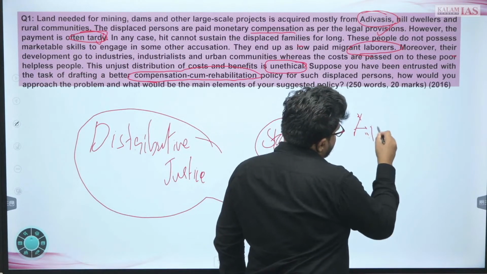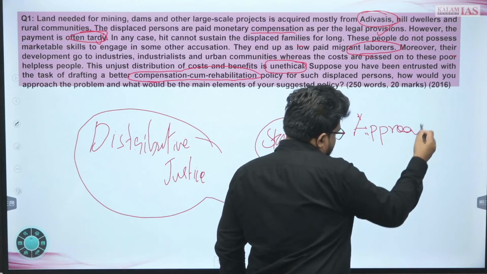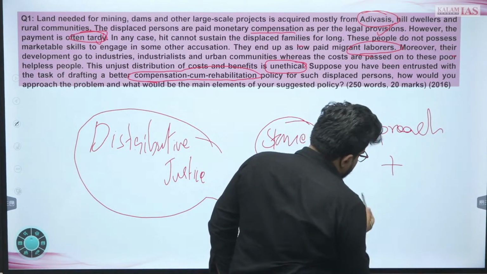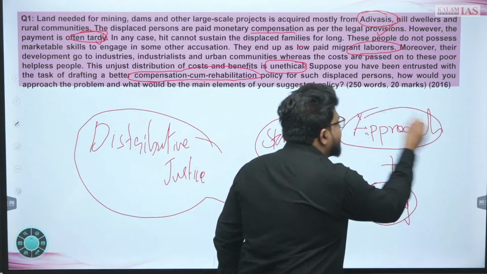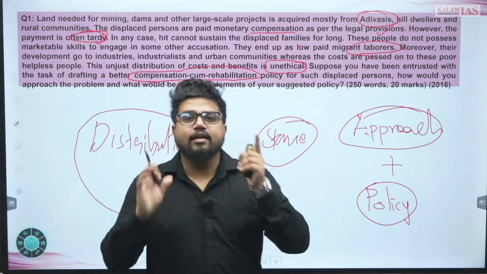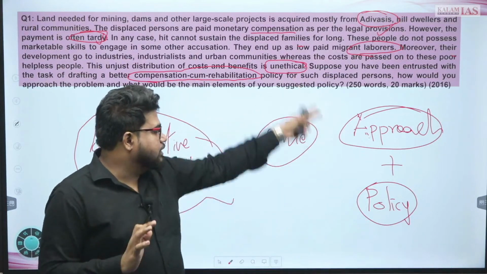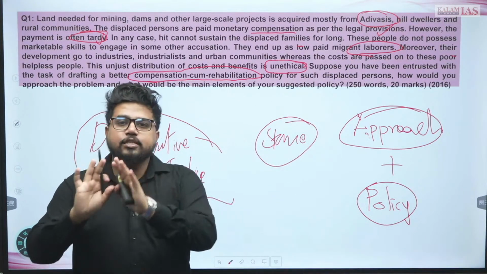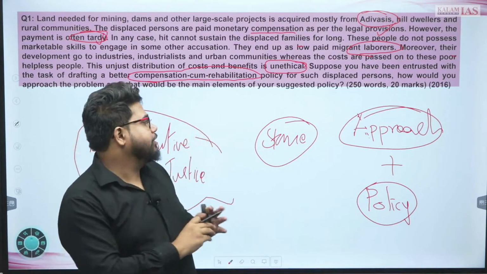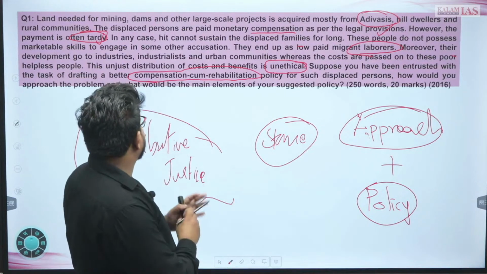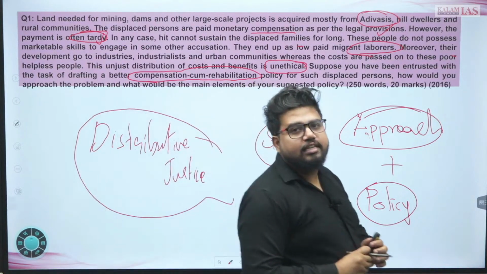Approach is asked as the first part of the question, then the suggested policy is being asked. So when you are writing the answer, both of these should be reflected. If either component is missing, then that much marks you are missing. Fix this in your mind. Respect whatever words are given in the question.